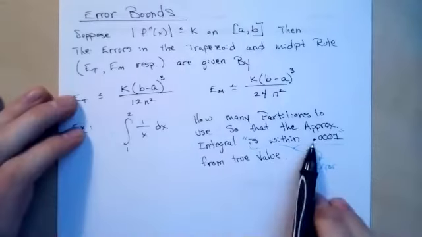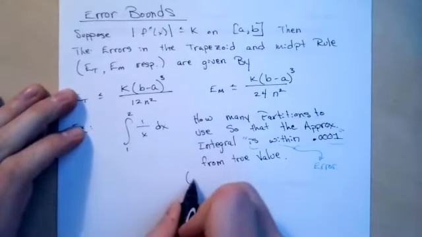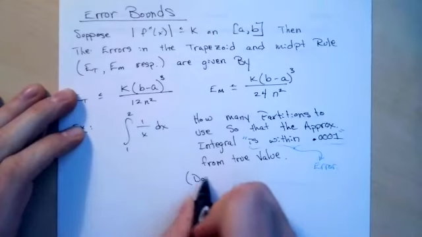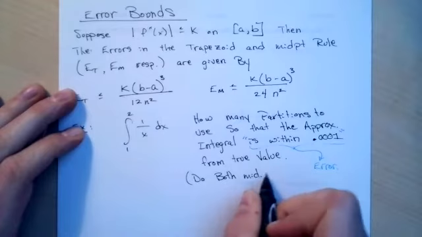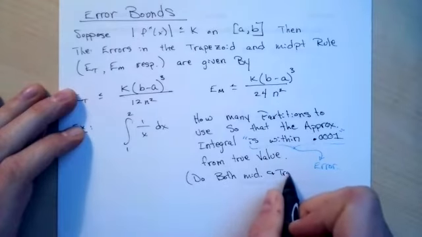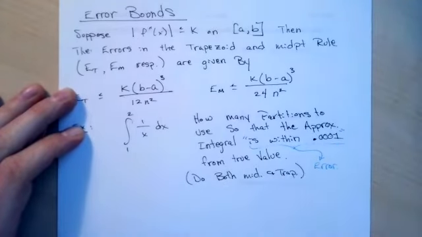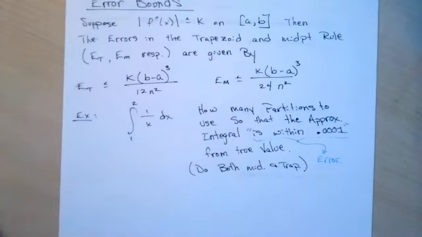We want to set our error less than that. And we can do both midpoint and trapezoid. So let's do one. Maybe we'll start with the other one tomorrow, just to see some of these error bounds and error formulas fairly quickly.